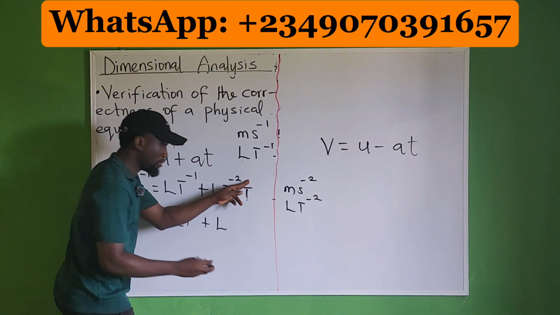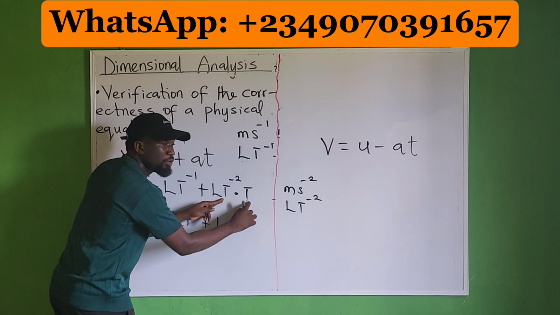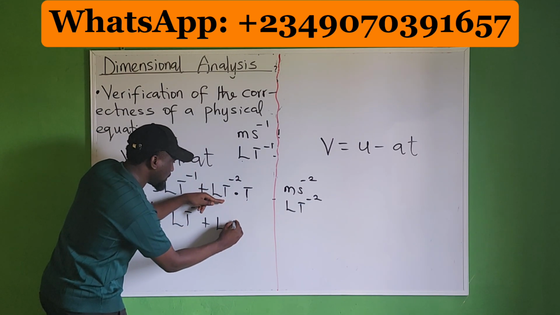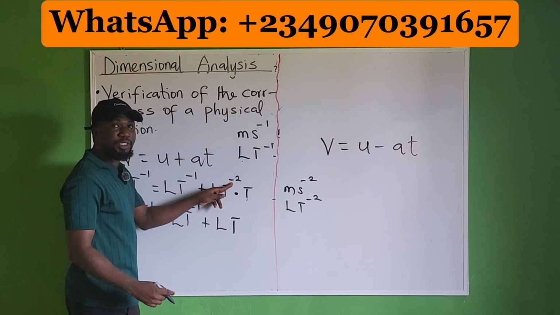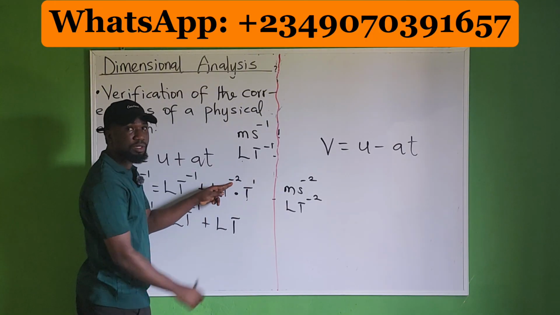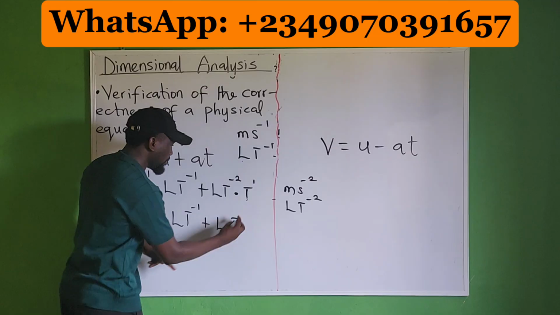From the law of indices, I'm just going to pick one of the bases, that is T. Since we are multiplying, minus 2 plus 1 is minus 1.